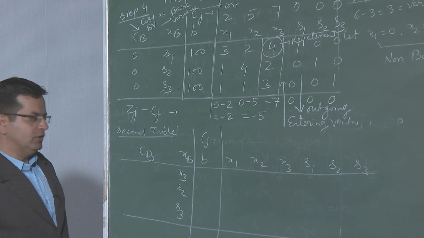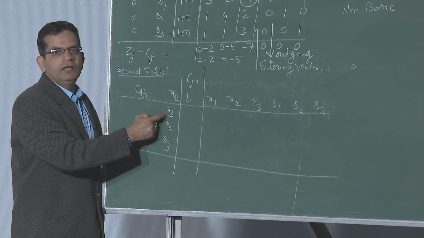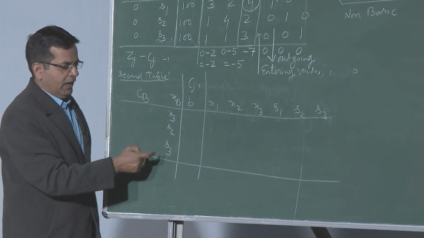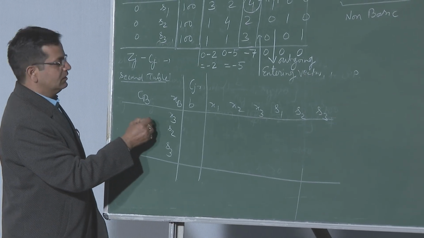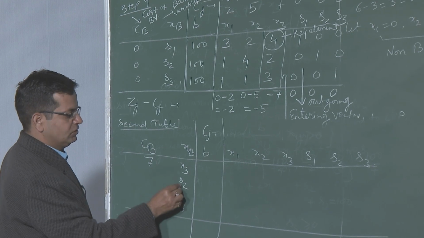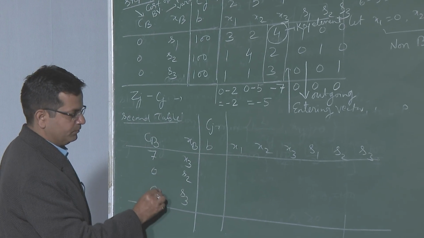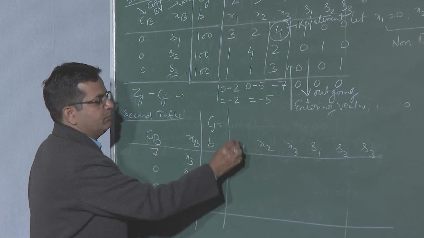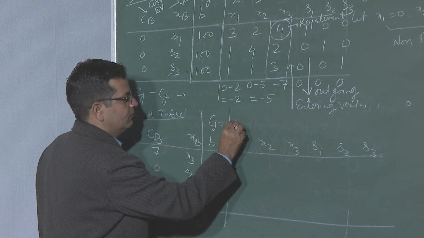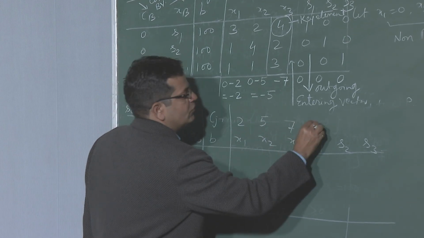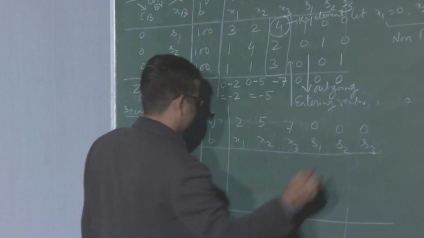So we have a new basis with x3 entered into the basis, and the cost of x3 is now 7, the cost of s2 is 0 and the cost of s3 is 0. Here the costs remain the same: 2, 5, 7, 0, 0, 0.